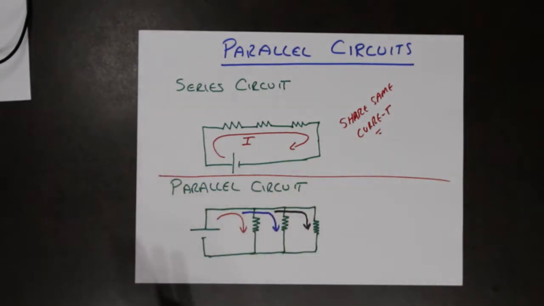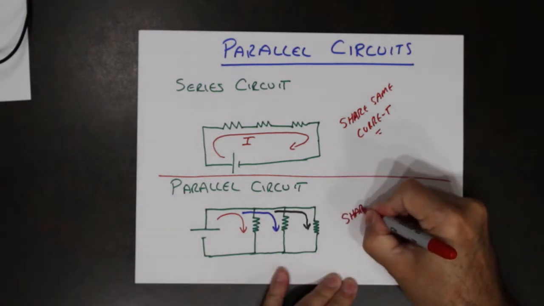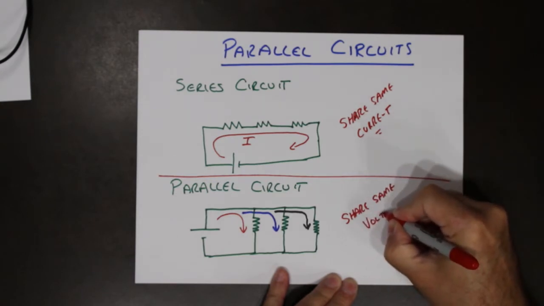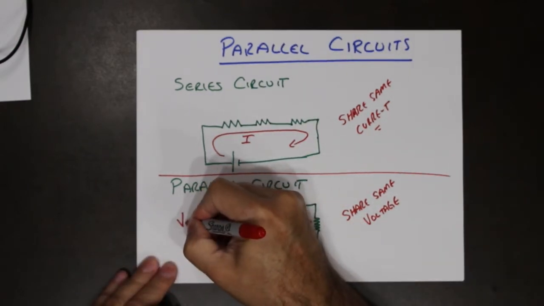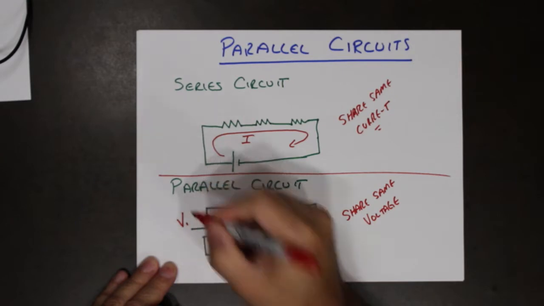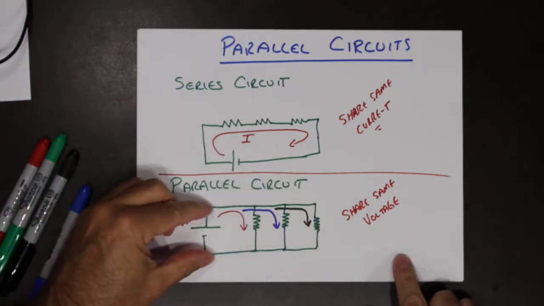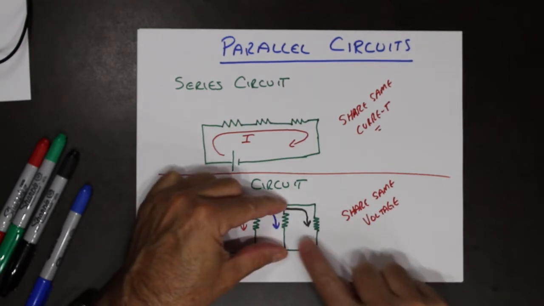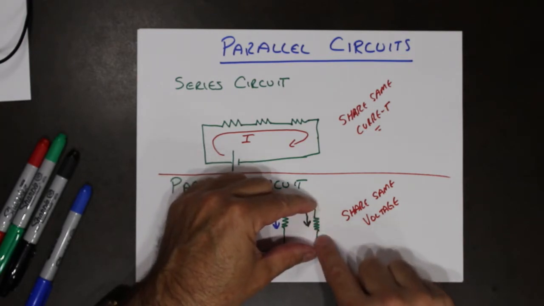When things are in parallel, they share the same voltage. So if you look, this power supply is connected across this resistor, and this resistor.